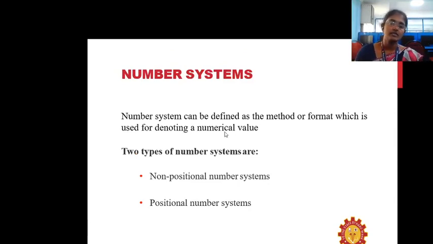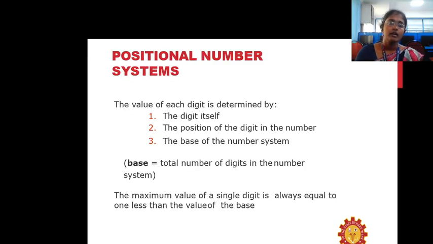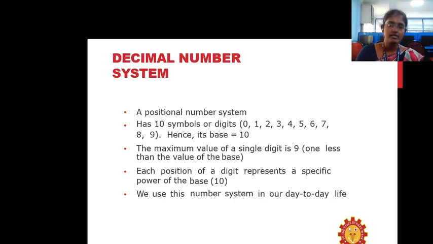The number system is the numerical value representation, a method of representing numerical values. We covered the major classifications of the number system and its characteristics. In the positional number system there are 4 types. First is the decimal number system, the one we humans use in our day-to-day life, which has in total 10 symbols, 0 to 9.